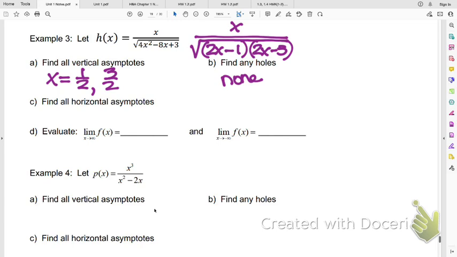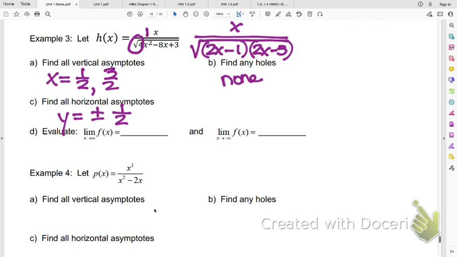You are still going to divide your coefficients, and your coefficients are 1 and the square root of 4. And what is the square root of 4? What do we never forget to put in front of square roots? Plus or minus. So I have 2 horizontal asymptotes, 1/2 and negative 1/2.